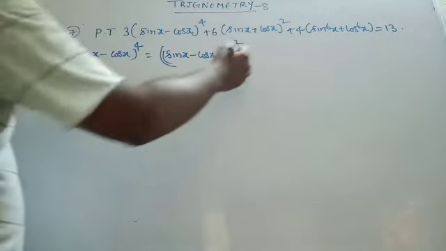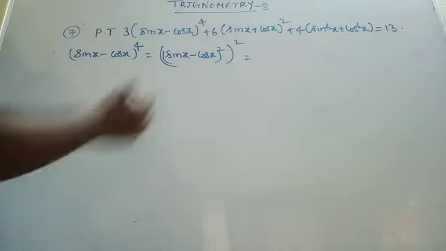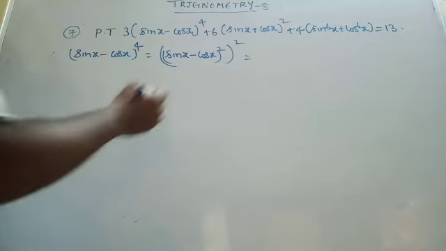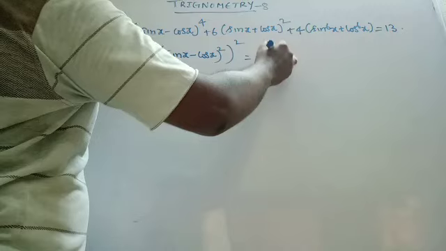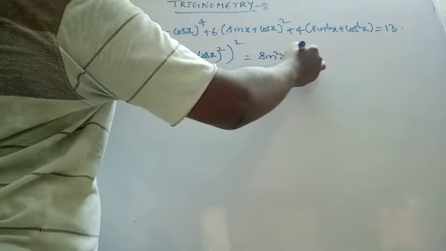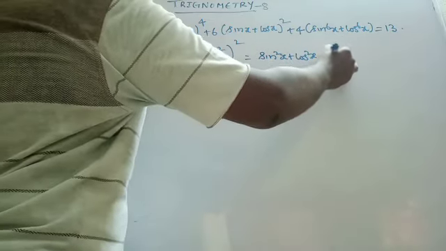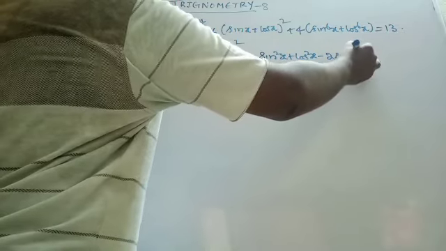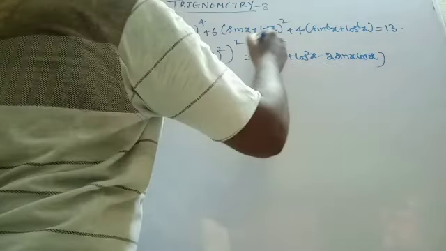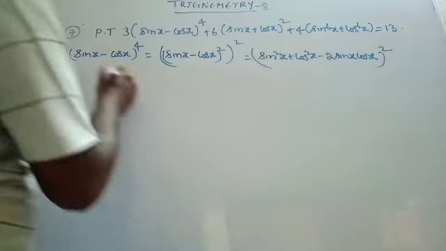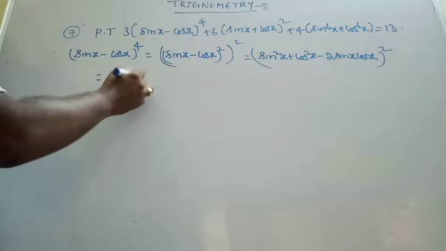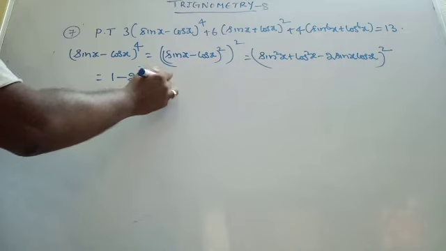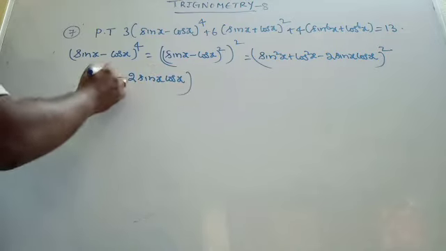Because that 4 we can write as whole square and whole square like this. Sin x minus cos x whole square, that is nothing but, you know, a minus b whole square: sin square x plus cos square x minus 2 sin x cos x, right? Minus 2 sin x cos x whole square. And of course this is nothing but sin square x plus cos square x is 1, minus 2 sin x cos x, whole square we are having.